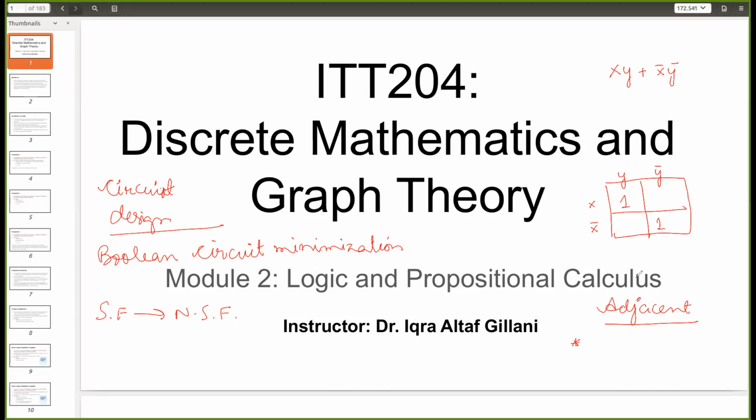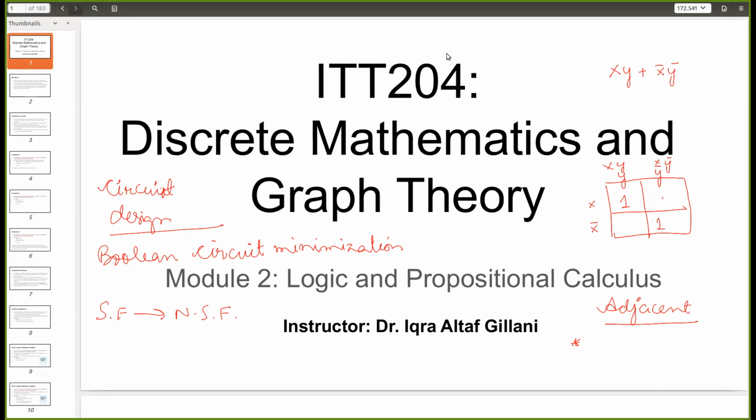That's a more generic definition for any number of variables. So any two cells are adjacent if they differ by one variable. Like you can see, this is x y, this is x y bar, so x is the only common literal, right? So they are adjacent. They differ by only one variable.